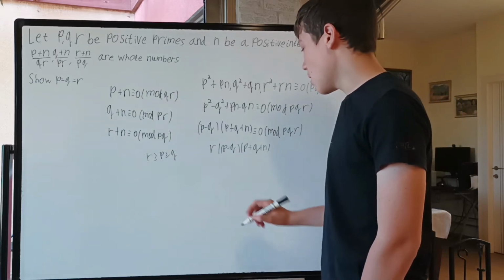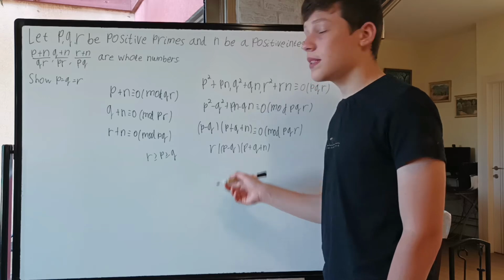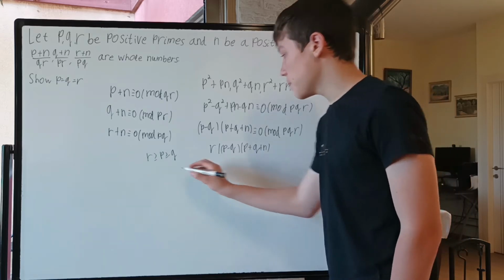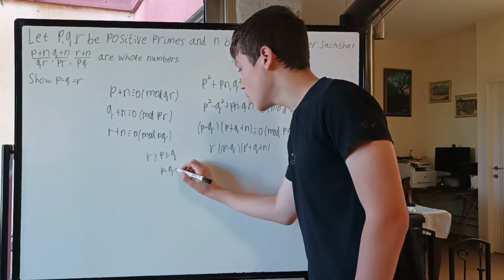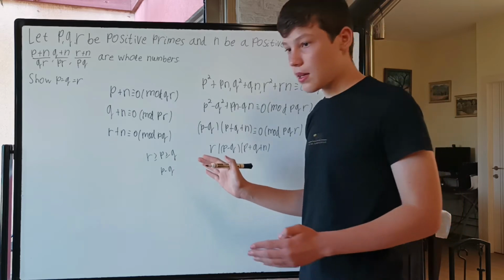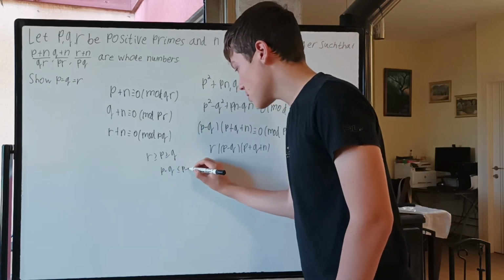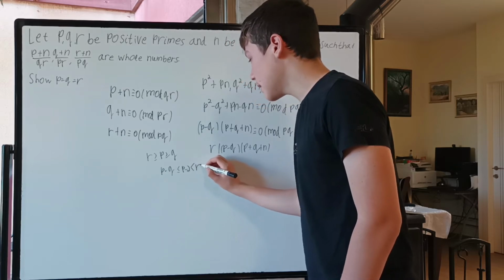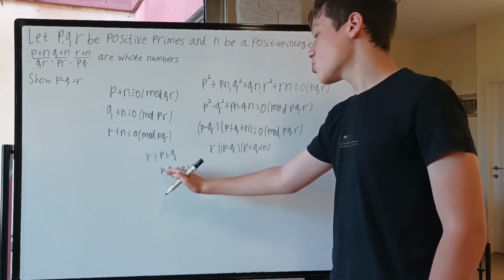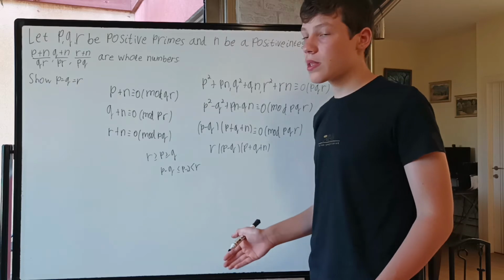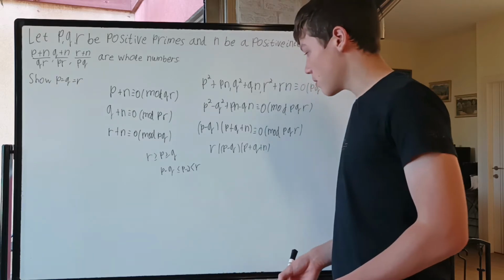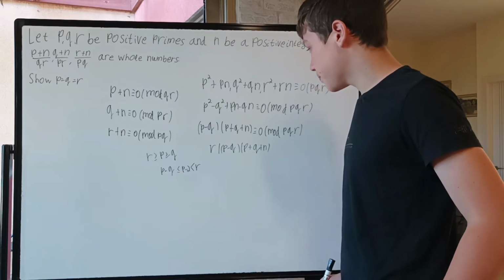But R can't possibly divide P minus Q, since P minus Q is at most P minus 2, and that is strictly less than R. So if this is strictly less than R, then R can't possibly divide this number, right?